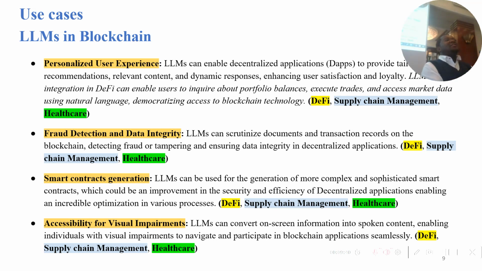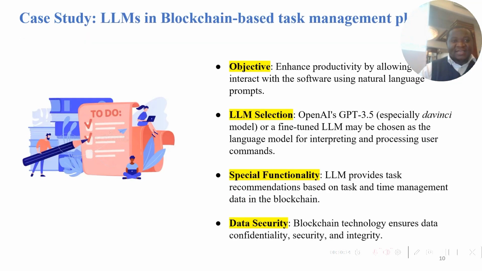Those can be interfaced with healthcare applications to help people who are visually impaired with text to speech, and many other applications like smart contract generation. Again, here it's mostly in the field of decentralized finance and supply chain management. So these are some of the use cases that we think can be studied further, to see if very interesting applications can come out of these.